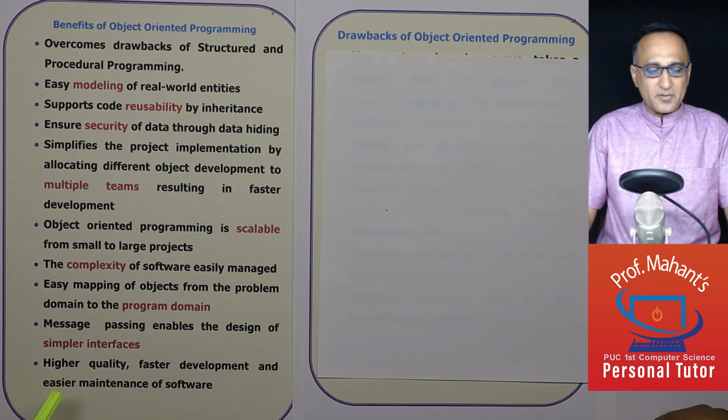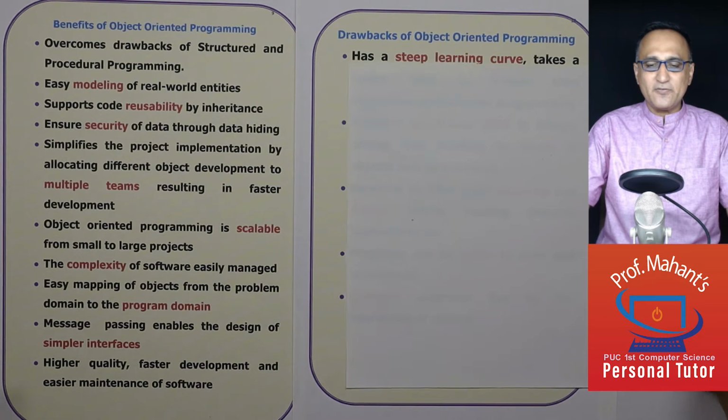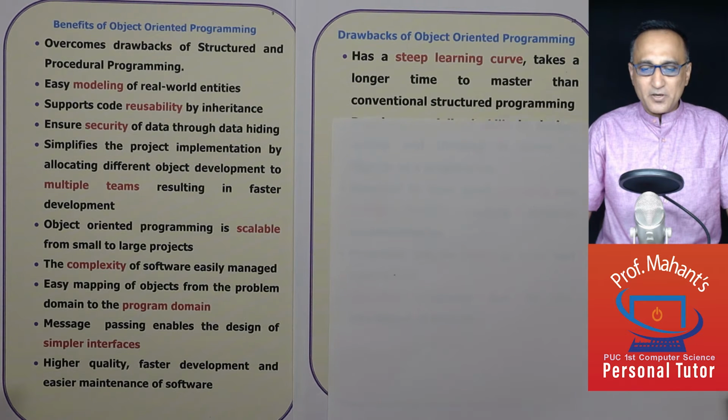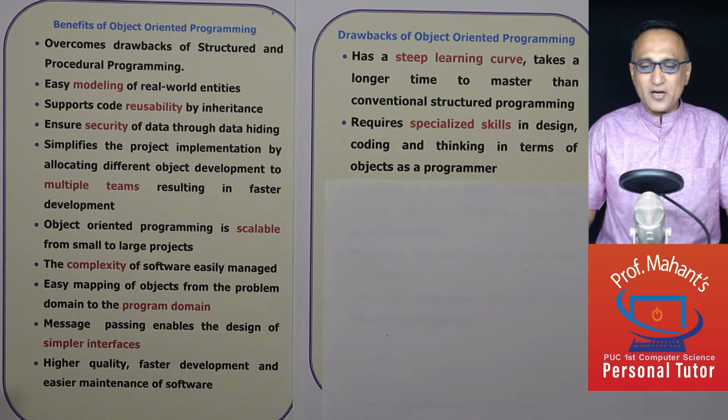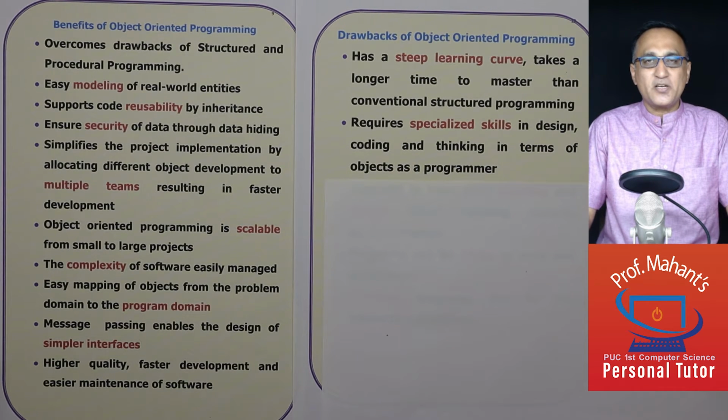Another advantage of object oriented programming is higher quality software with fewer bugs, more reusability, faster development time, and lower cost of maintenance. But you must have already discovered by now there are too many terminologies to learn if object oriented programming is your first language.